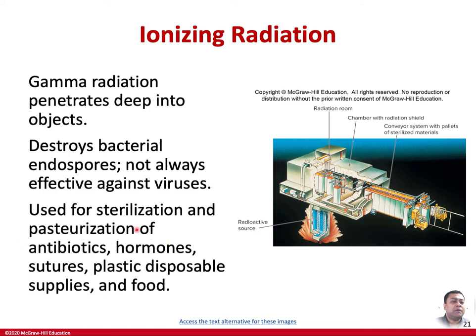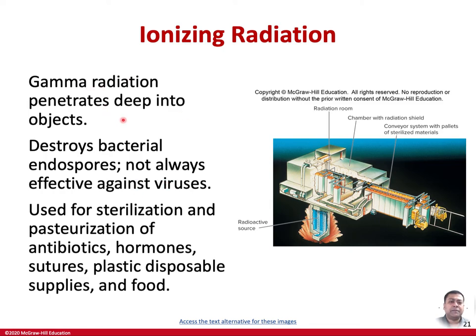It is used for the pasteurization of antibiotics, hormones, sutures, and plastic disposable supplies like plastic Petri plates, because they are made of polystyrene and autoclaving or dry heat would destroy them. It is also used for food. It destroys bacterial endospores, but the drawback is that it is not always effective against viruses.